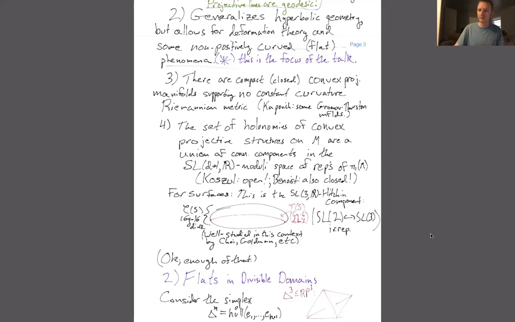So Koszul showed that you can always deform a little bit inside of that space, and Benoist showed that in fact you can deform as far as you want, as long as it's still a faithful representation.